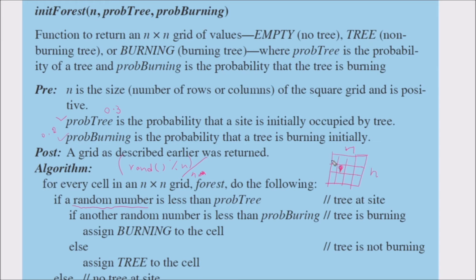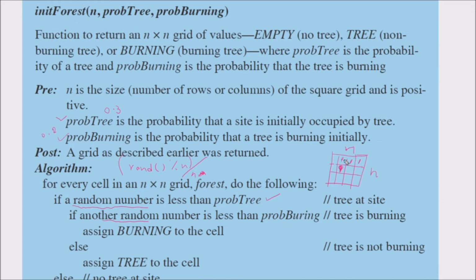So like that, I'm going through the cells one by one and marking them. What is the value I'm putting? Actually, I'm not going to circle it like this. I'll put 1 there, right? If this condition is satisfied and there's a tree in it, then I throw another number, and see whether it is less than the probability of burning.